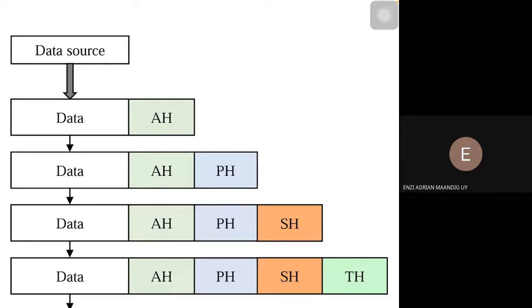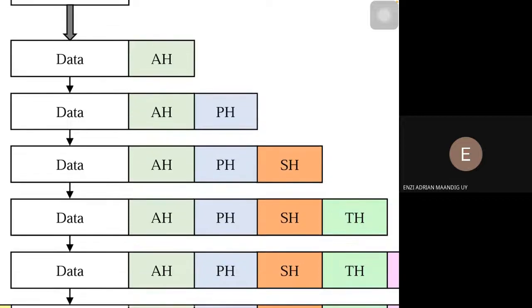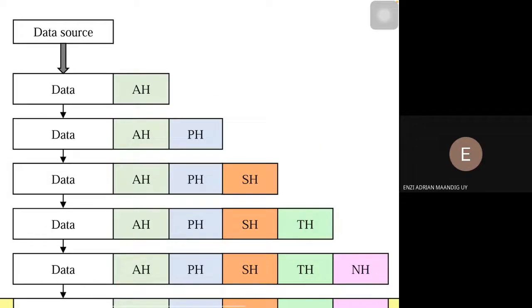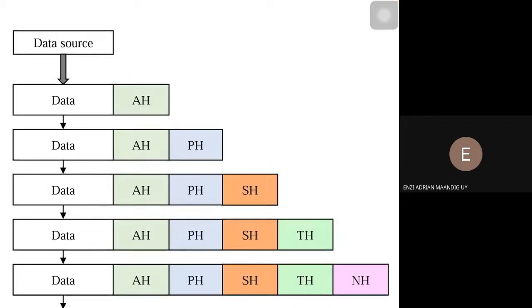Underneath that, the network header carries the IP address.